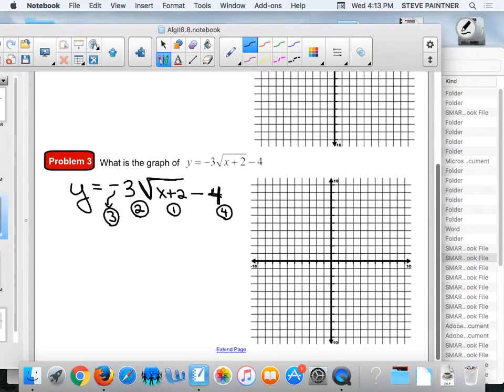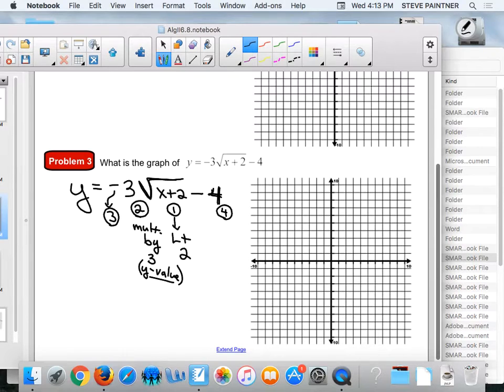Okay? So what are we doing with the first thing? We're going to go left 2. The second thing, this is the stretch. So what we're going to do is make it 3 times higher or 3 times lower. So think of it as multiply by 3. And what are we multiplying by 3? The y value, or the height, whatever you want to say, the height of the point, or how far down below the x-axis you are.